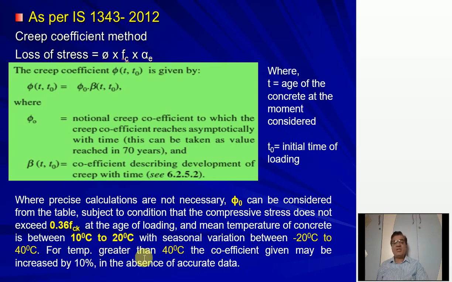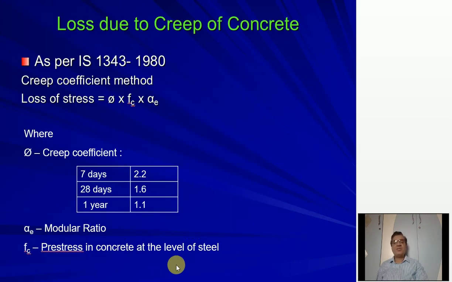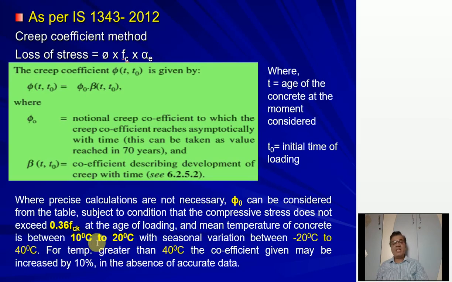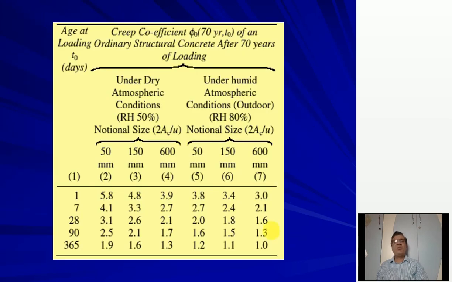For temperature greater than 40 degrees Celsius, the coefficient given may be increased by 10% in the absence of accurate data. So whatever values are given in this table are applicable for temperature 10 degrees Celsius to 20 degrees Celsius, and the seasonal variation is also given.